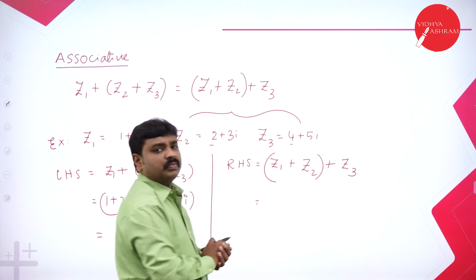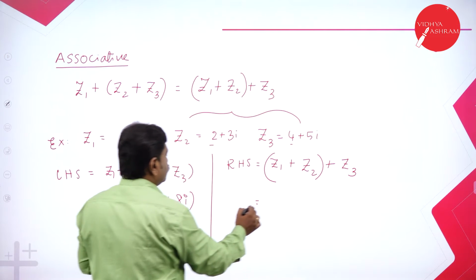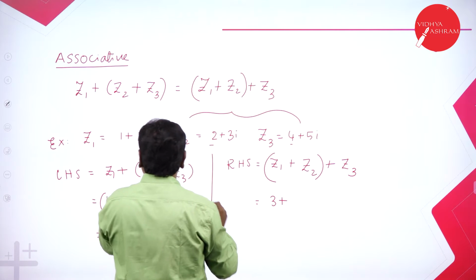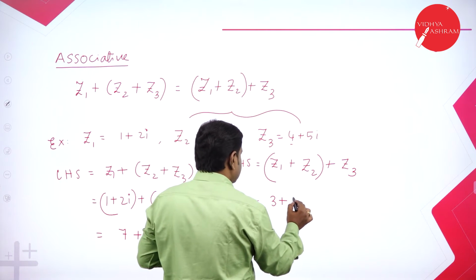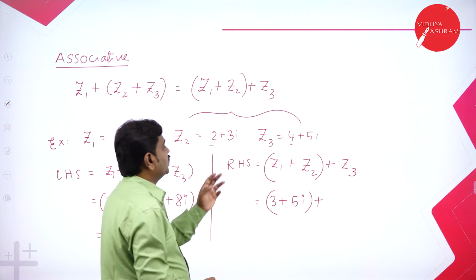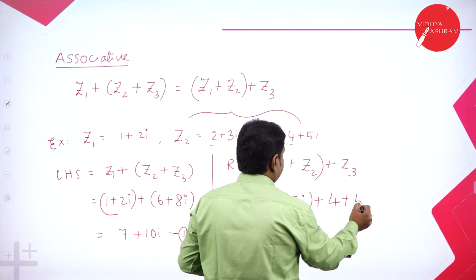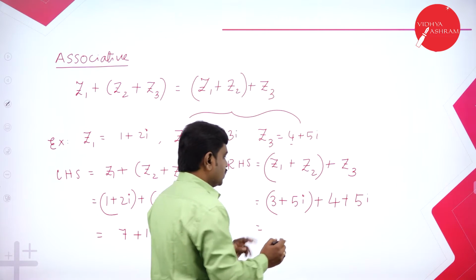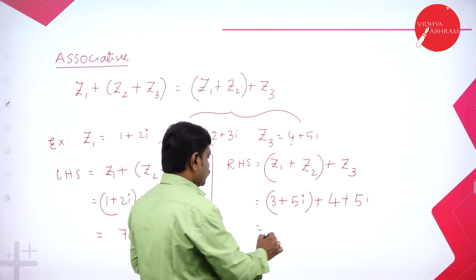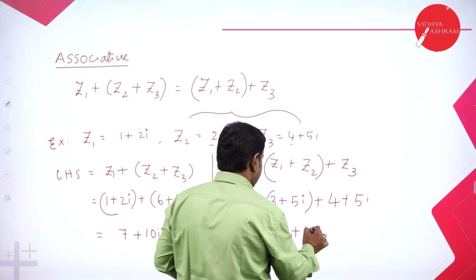What is meant by z1 plus z2? So first and second complex number, 1 plus 2, 1 plus 2 is 3, plus 2 plus 3, 2 plus 3 is 5i, plus z3. What is z3? Third one, that is 4 plus 5i. So now add it. So 3 plus 4, 3 plus 4 is 7, plus 5 plus 5. 5 plus 5 is 10i.